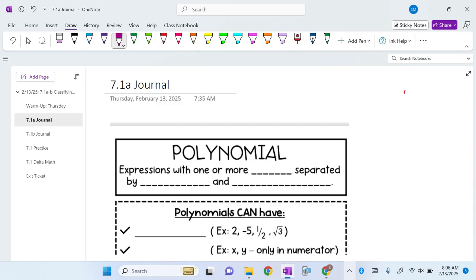So just write it either above it if you have space or below it or just off to the side, wherever.